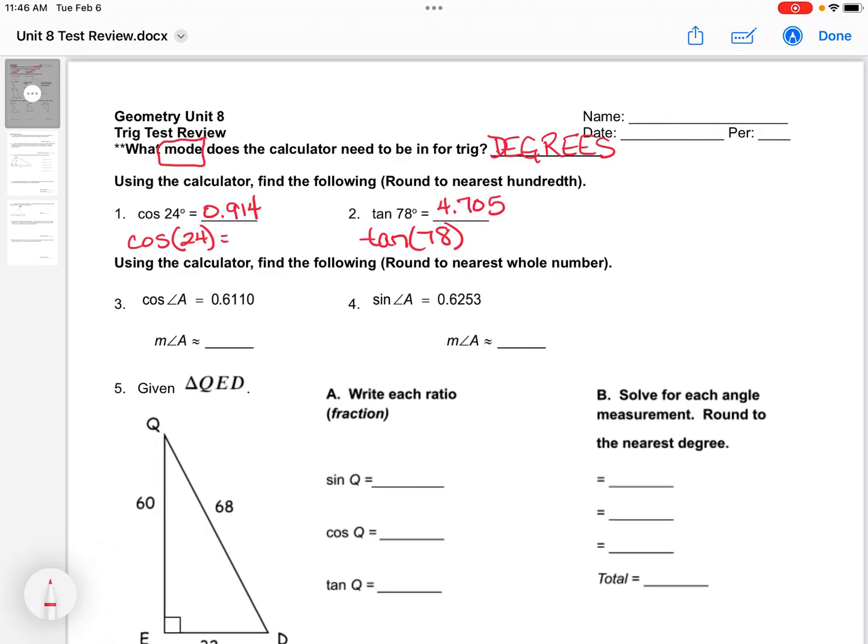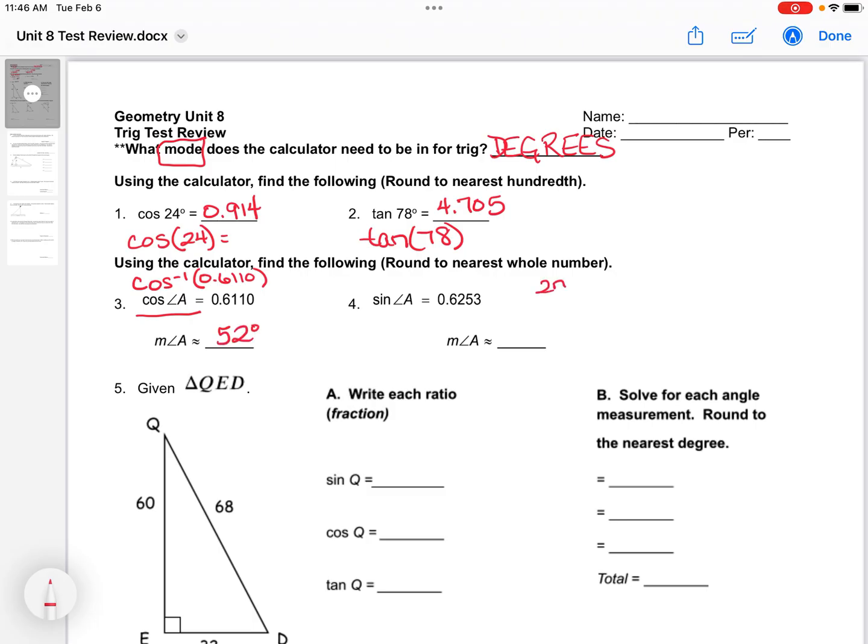4.75. Okay. If you're looking for the angle, you're doing second cos, and then you're putting in the number, or when we have a fraction, we'll put in the fraction. But that angle is 52 degrees.